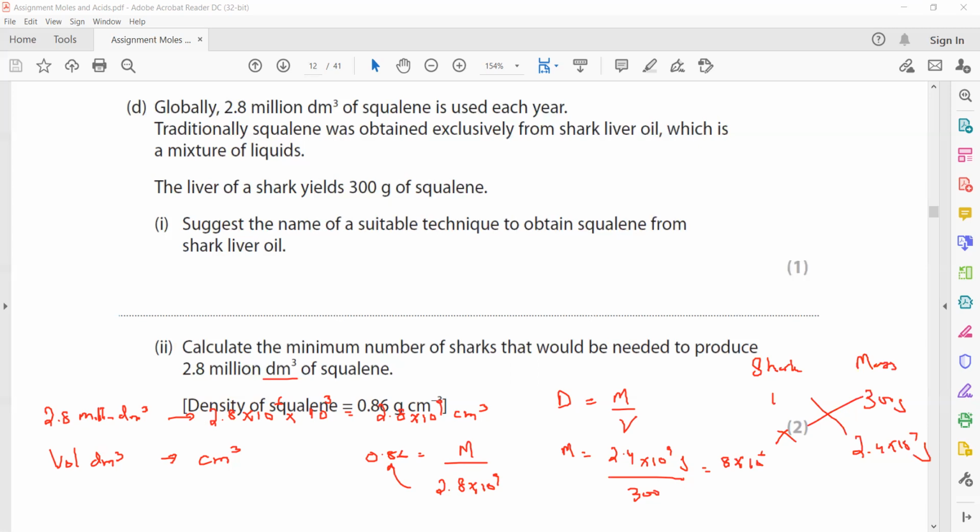So this will give us approximately 8 into 10 to the power 6 sharks needed to produce this much mass of squalene. Is it clear? Discussion? Because one shark can yield 300 gram of squalene. So which is a very big number, like 8 billion sharks are needed to produce this much mass of squalene.